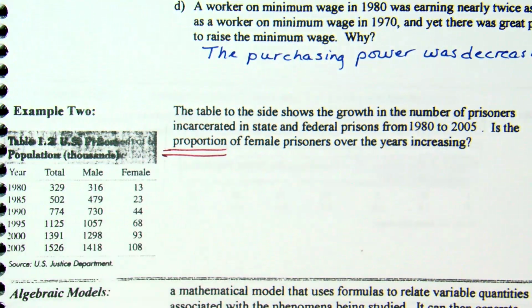And so the idea here is, yes, I agree. We want to do the females divided by the total, because we're looking at females in comparison to everyone. Which means we're not just doing females divided by males, we're doing females divided by the total.